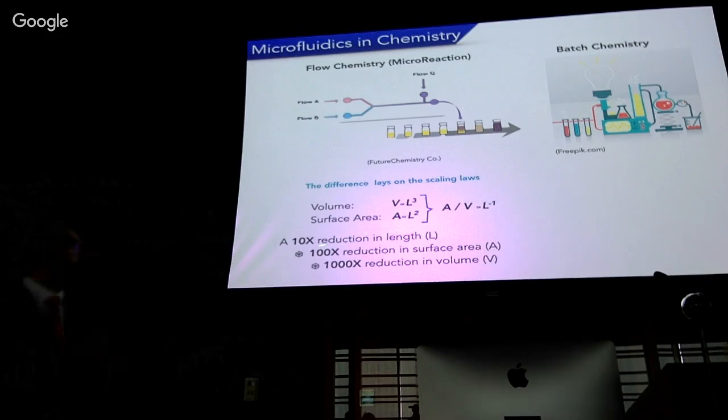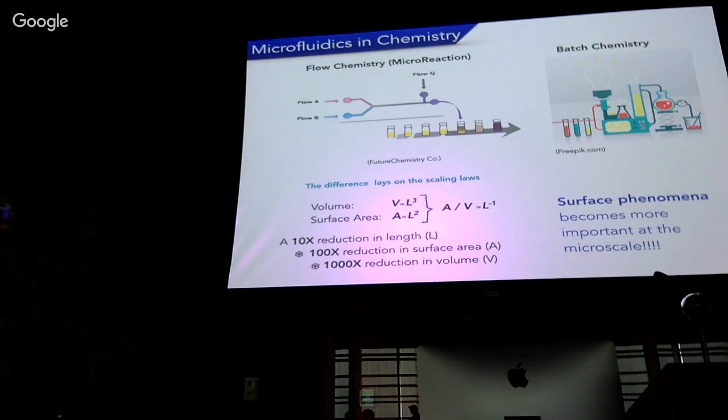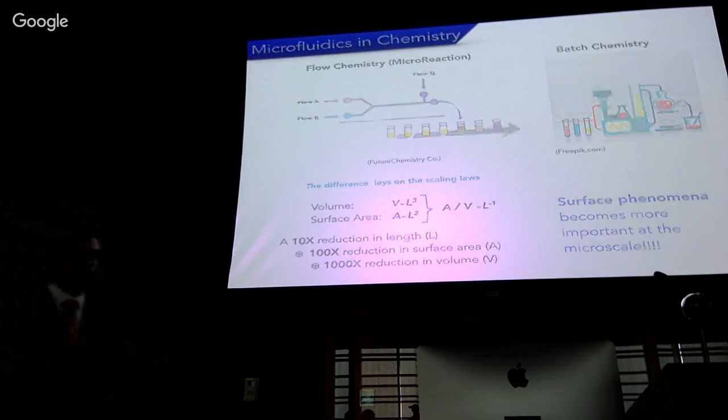To put this into perspective, a 10 times reduction in length will give you a 100 times reduction in surface area and a 1,000 times reduction in volume. So for things like heat transfer, which is a phenomenon based on surface area, it's much more efficient in the microscale. And for things like heat storage, which is a phenomenon based on volume, it is much better at the macroscale. So surface phenomena become more important in the microscale.